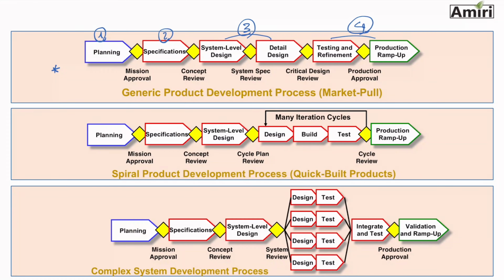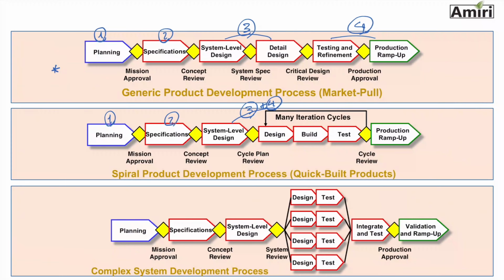For example, quick build product. Remember, there were a lot of iterations of quick design, build, test cycles. So when you get to the detailed design phase of the project, we still have phase 1, phase 2, phase 3, and then it has even tapped into phase 4 a little bit of the project.